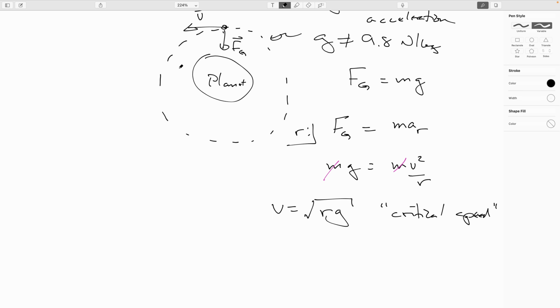But for now, this is the speed that you will be going if you are in a circular orbit around a planet. Again, recognizing that g varies with distance from the center of the planet.